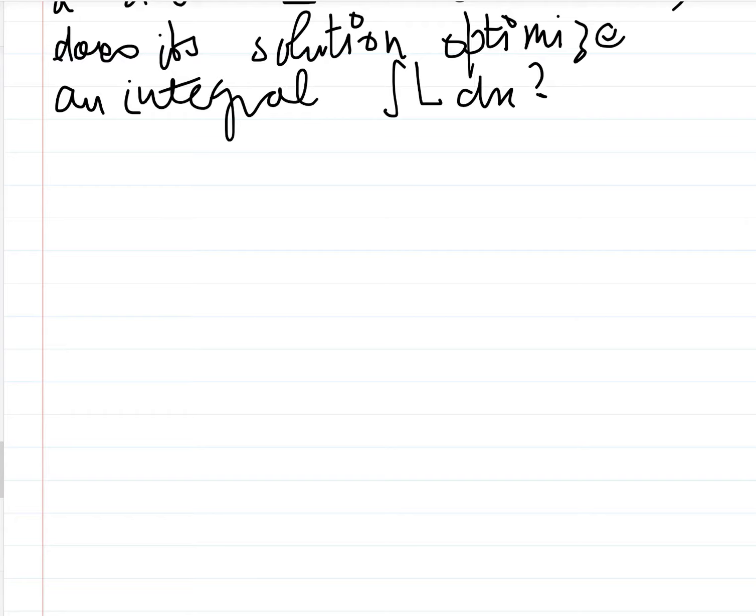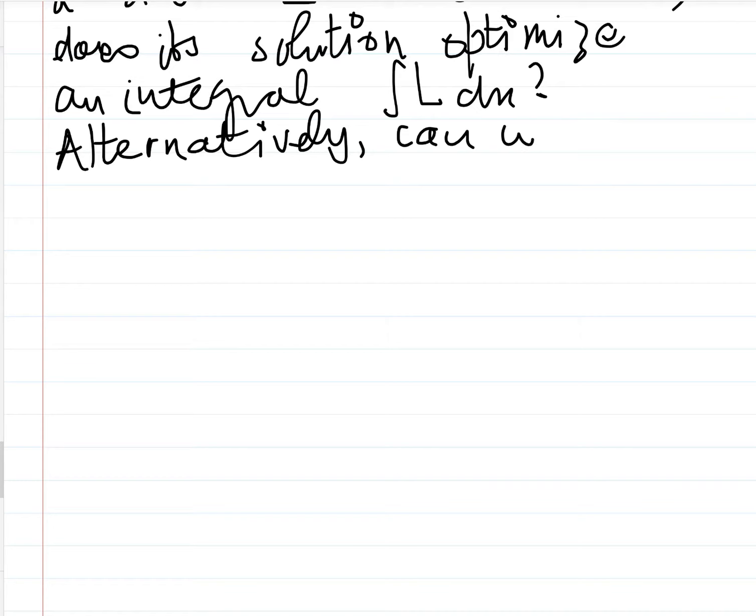Stated in an alternative way, can we write the differential equation? Can we find a function? Now this is the reverse problem.